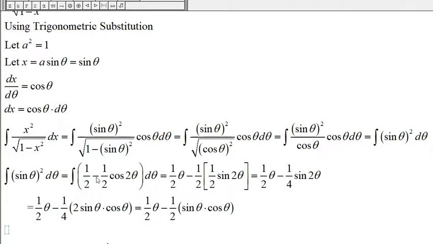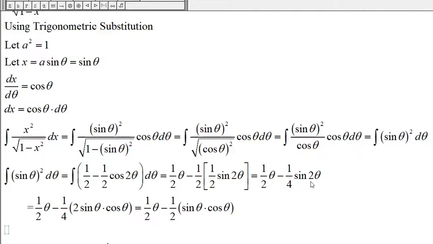Here we have the minus 1/2, so we get 1/2 theta, and a half times a half is 1/4 sine 2 theta.